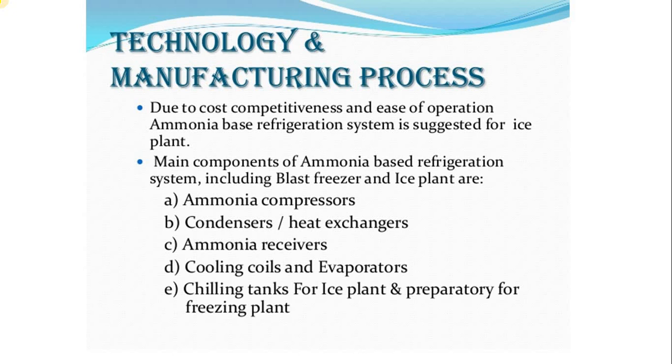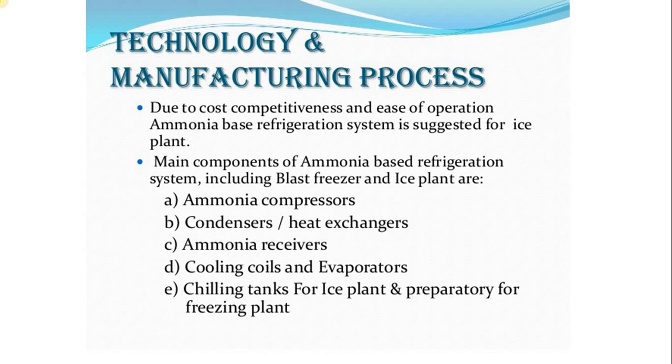The main components of the ammonia based refrigeration system, including blast freezer and ice plant, are: first, the ammonia compressor, generally a reciprocating double stage compressor. Second, condensers, which act as heat exchangers. Then a receiver tank is necessary for storing the ammonia refrigerant.